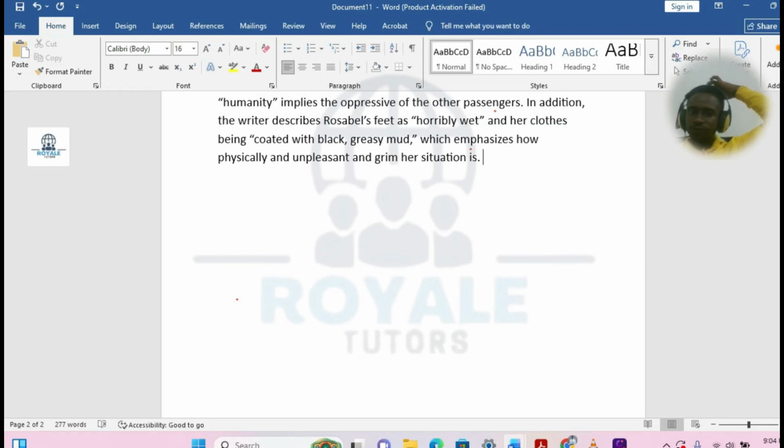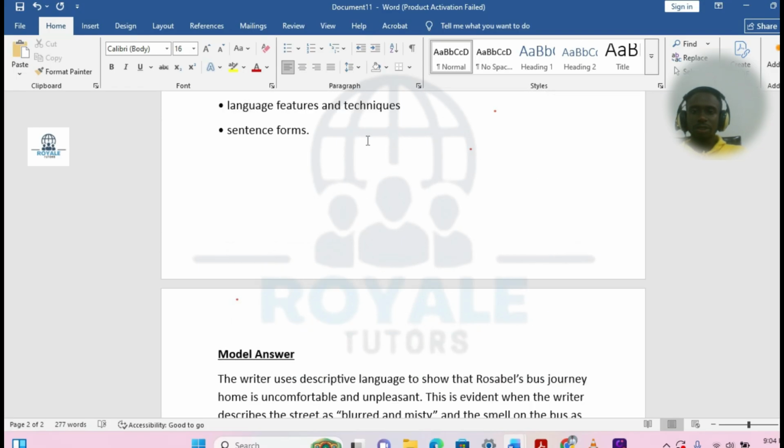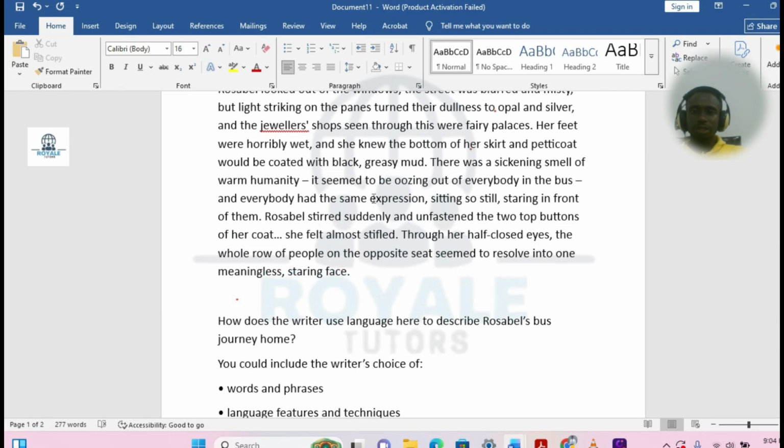Let us see if we can make use of imagery. What imagery can we see here? We have "she felt almost stifled." That's like painting pictures in your mind. Imagery is basically using the five senses to communicate images to you. They paint pictures in your mind using words.